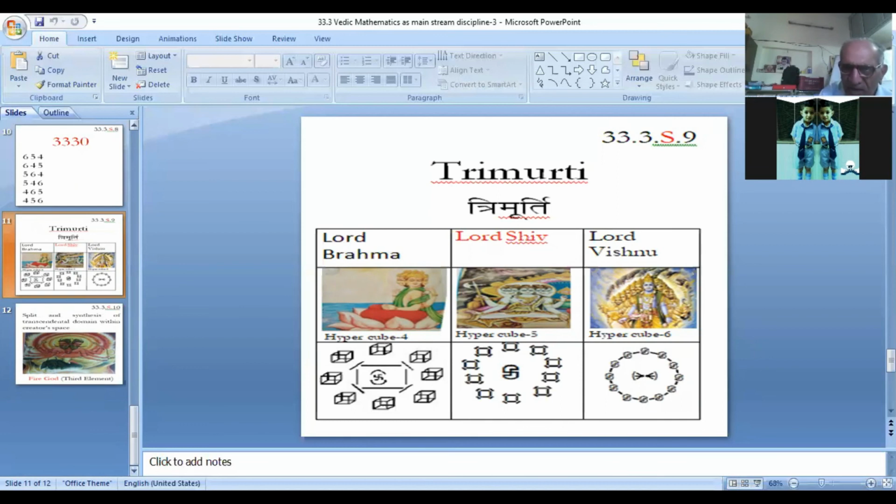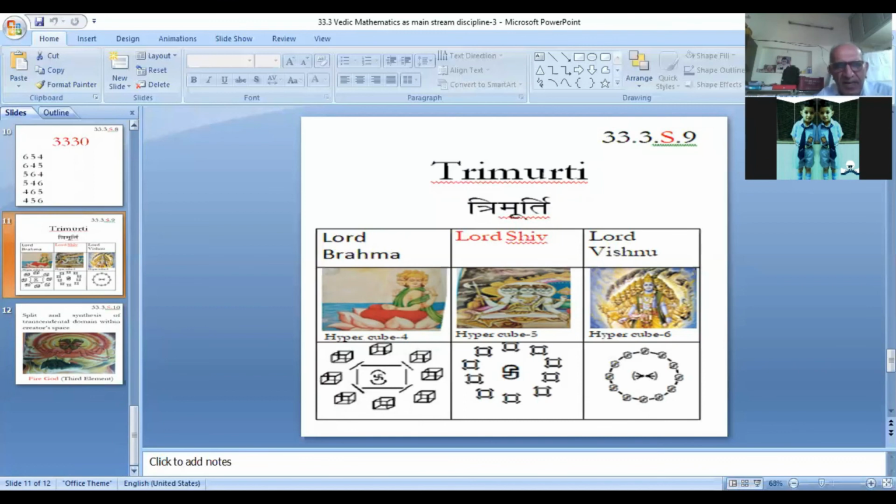Step ahead, Lord Vishnu is the self-referral Lord. Lord Vishnu is the overlord of real 6 space. Hypercube 6 is the representative regular body of a 4 space as a fourfold manifestation layer within creators of space.